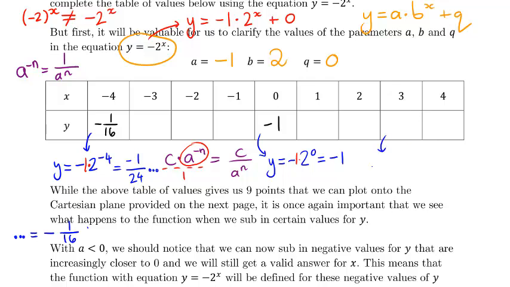You would have y is equal to minus invisible 1 times 2 to the 3. So that's minus 1 times 8. That's minus 8. What do you know, guys? We have a minus 8 there now. That's different to the positive 8 we used to have when y was just equal to 2 to the x.